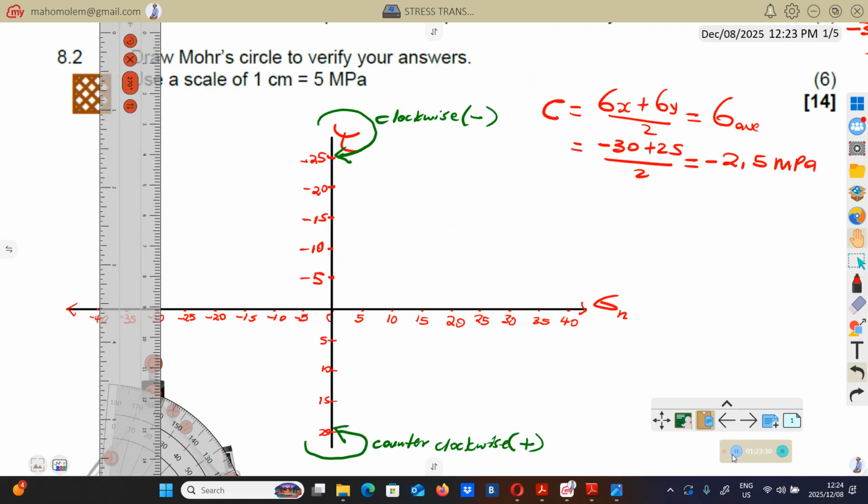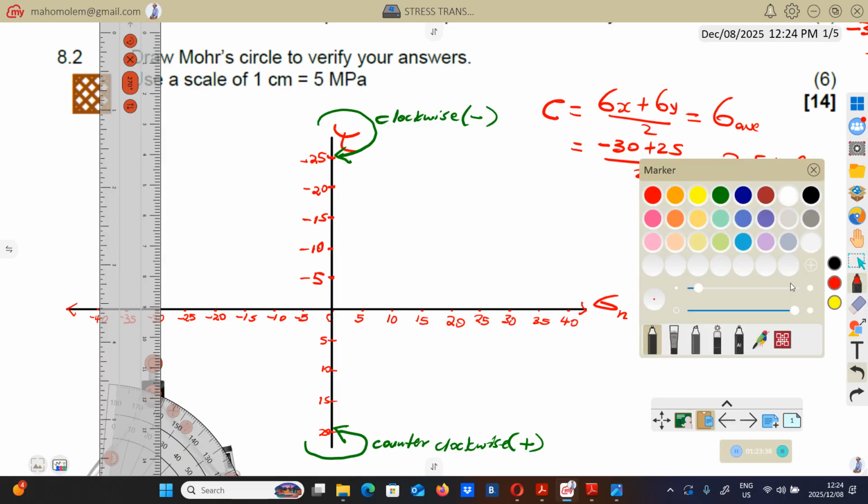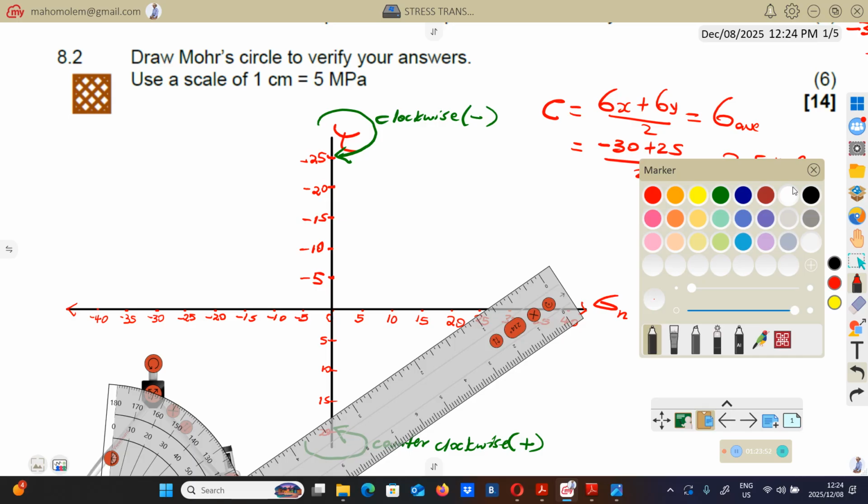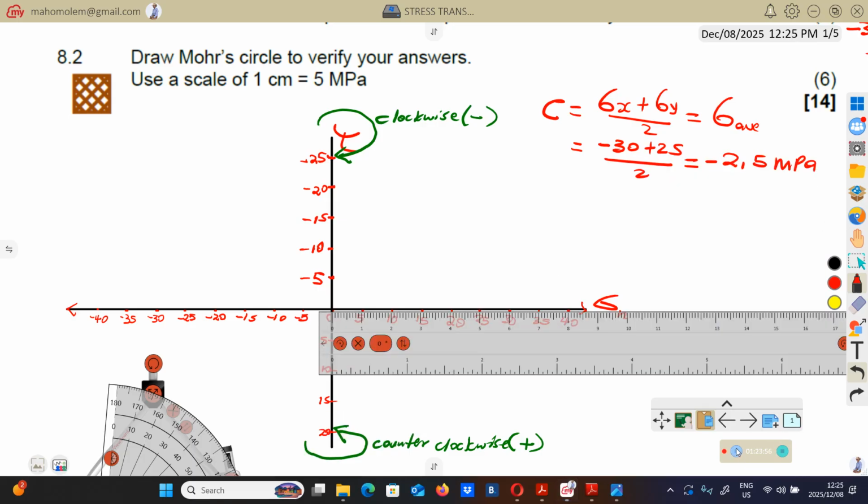Once we find the center, you come here and check your 2.5. It is going to be somewhere in between here, or I can use my ruler to check that 2.5. Yeah, it will be here.